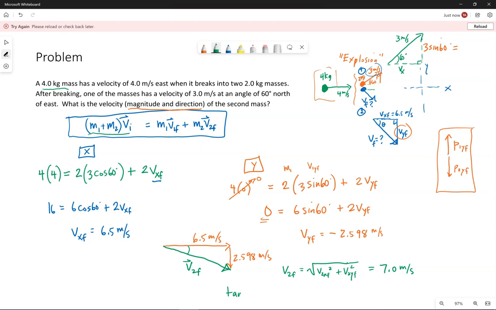The angle, I can say the tangent of this angle is 2.598 over 6.5. So inverse tangent is going to be 22 degrees. It is specifically south of east.